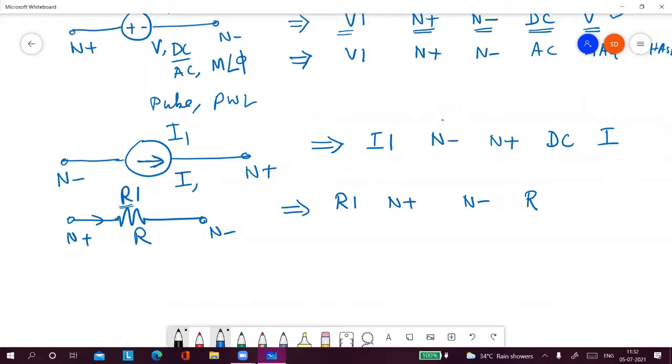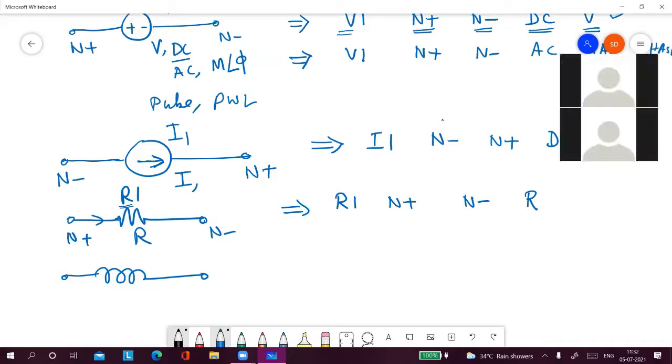Now the inductor. Say an inductor L1 is connected between node n plus and n minus, and its value is L. The inductor may be initially magnetized. Say its initial magnetizing current is I0.